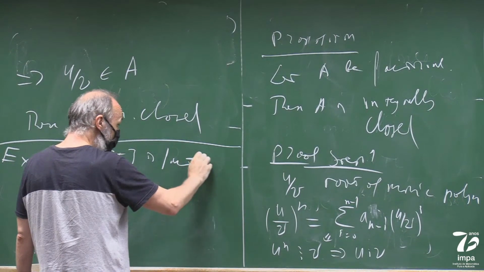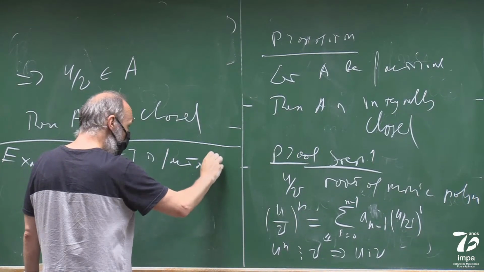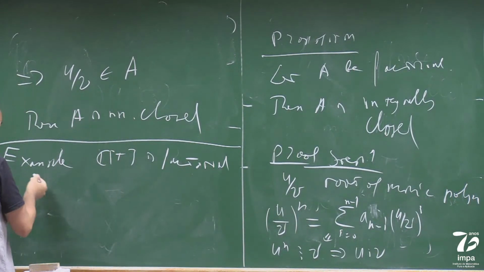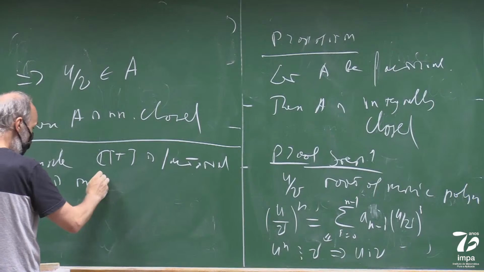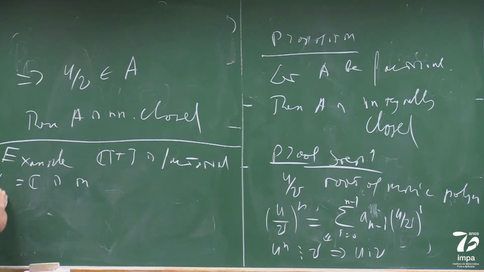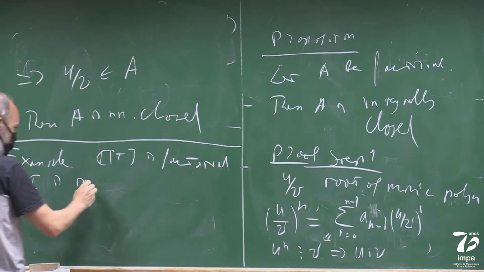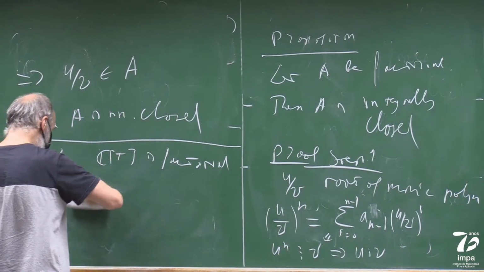This is something we haven't had doubts about. Then the corresponding algebraic variety, which is just C, the affine line, is normal.